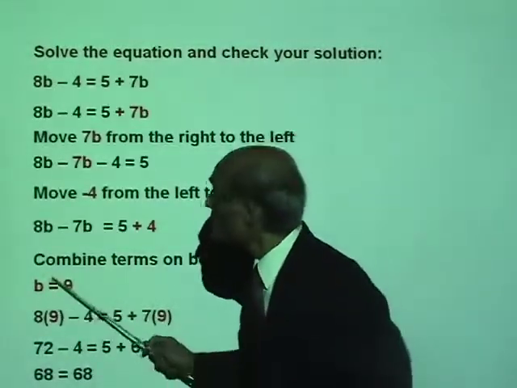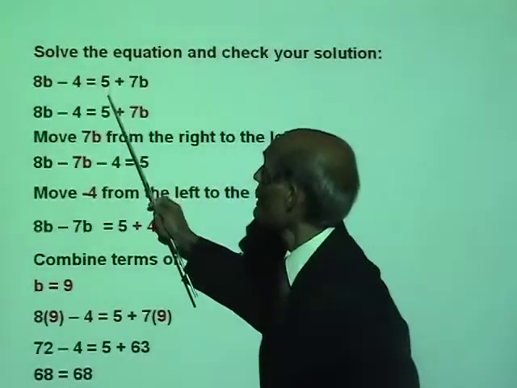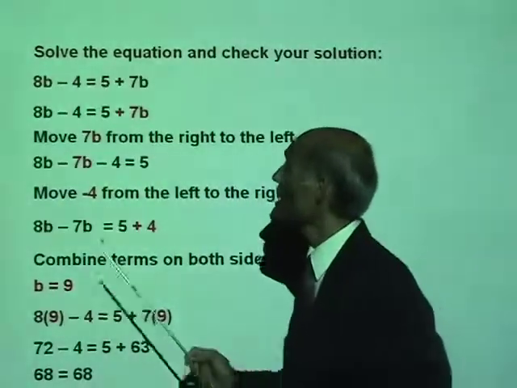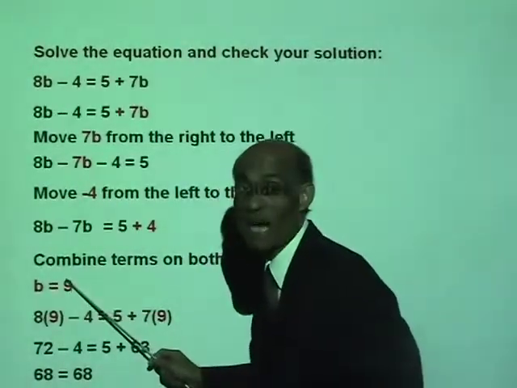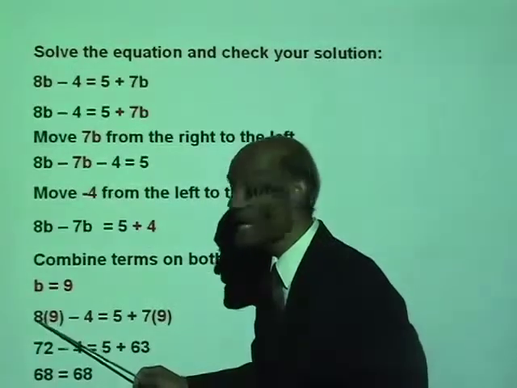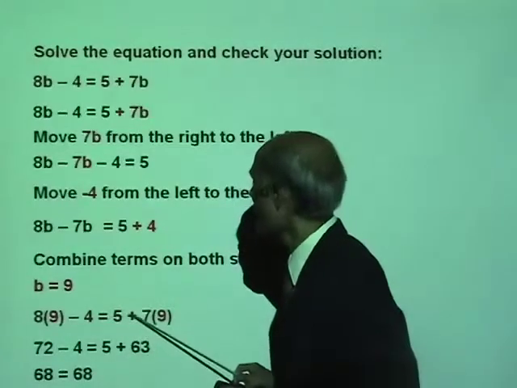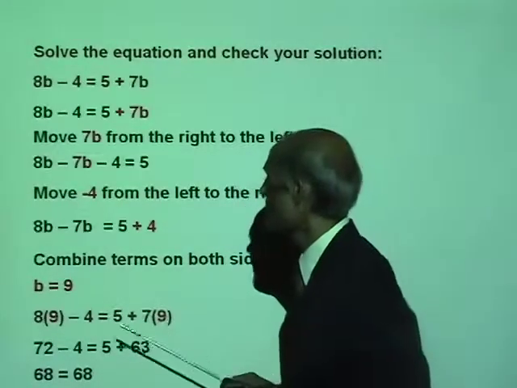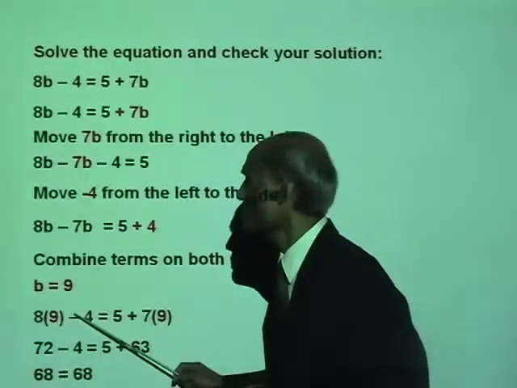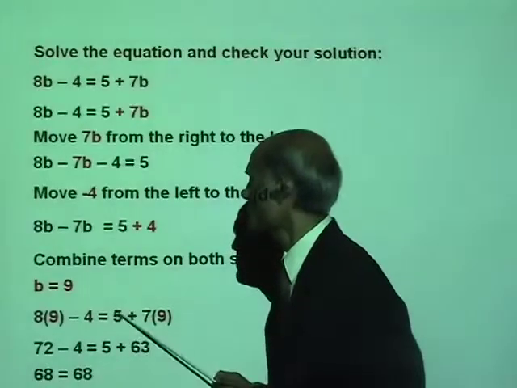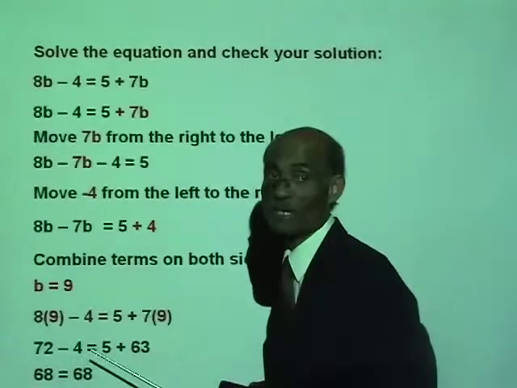Okay, let's put that back in the equation. 8b minus 4 equal to 5 plus 7b. Replace your b by the value we obtained, that is 9. And look at what I have done here. 8 times 9 is 72, minus 4, equal to 5 plus 7 times 9 is 63.